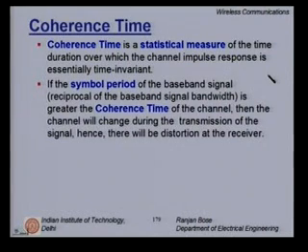If the symbol period of the baseband signal, which is approximately the reciprocal of the baseband signal bandwidth, is greater than the coherence time of the channel, then the channel will change during the transmission of the signal. We have to be careful about it. Hence, there will be distortion at the receiver.